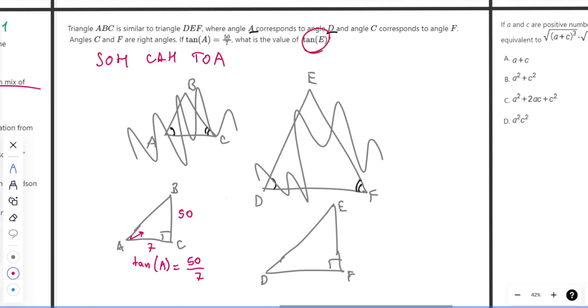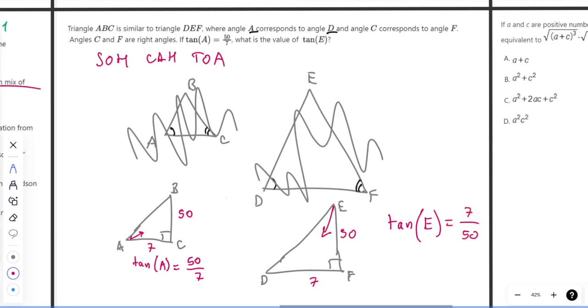Then it's asking for the value of tangent of E. But E is up here. E, that would mean this is the new opposite. This is the new adjacent. So it's kind of like flipped almost. Actually, it is flipped. Tangent of E, from this perspective, the opposite side is now 7.